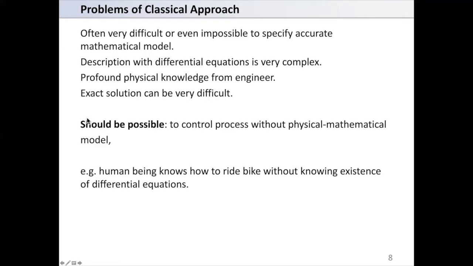An analytical solution is not always necessary. Instead of that, the control process may be developed without a physical mathematical model. For example, a human being knows how to ride a bike without knowing the existence of differential equations.